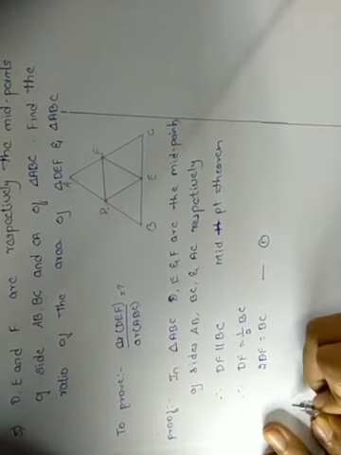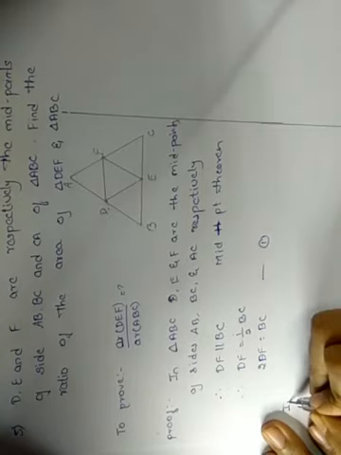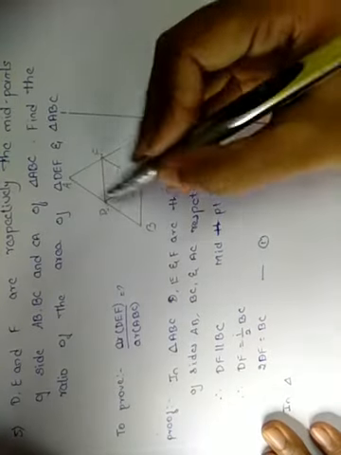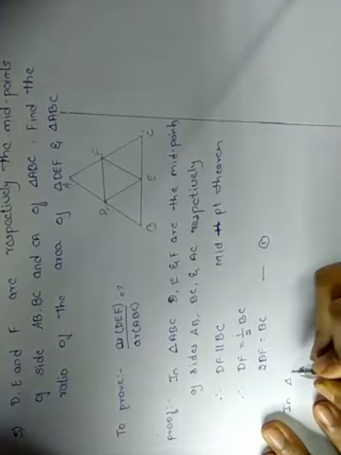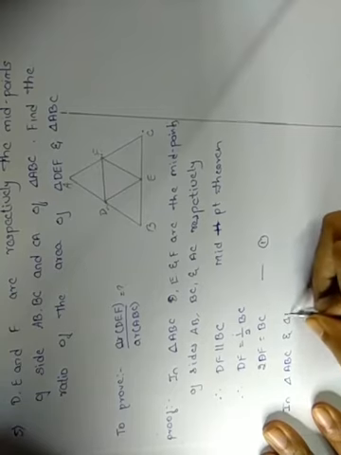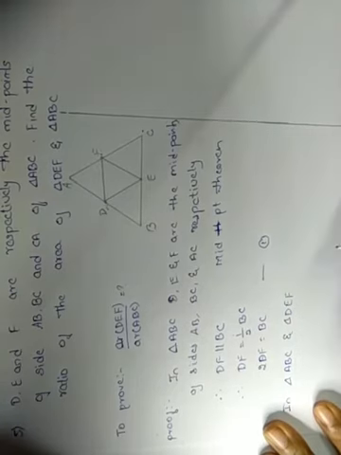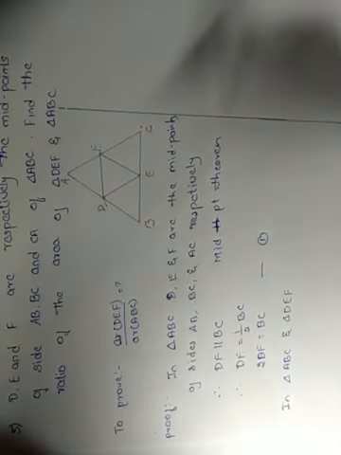Now next step, we have to say that the two triangles are similar. So in triangle ABC and triangle DEF, in these two triangles, we have to show that they are similar, right?